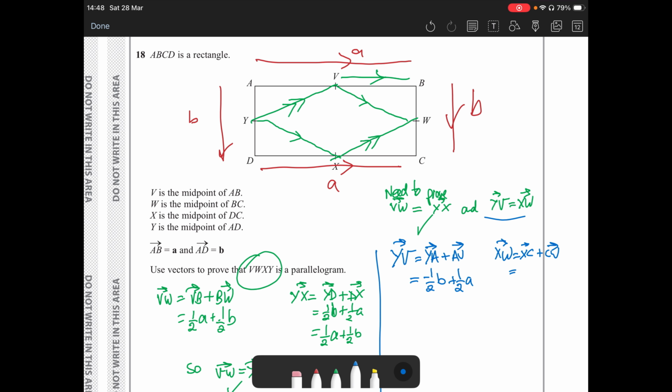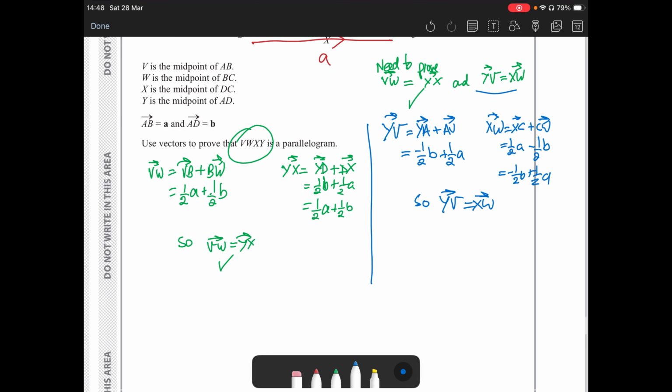Now XC is half a, CW is minus half b. So that's minus half b plus half a. So YV is XW. We've met that condition also. Again, you can factorize, but I think that would not be necessary here.